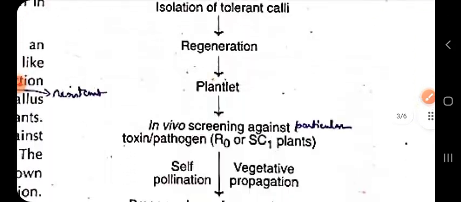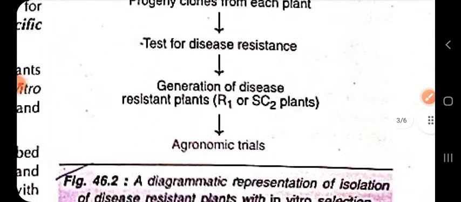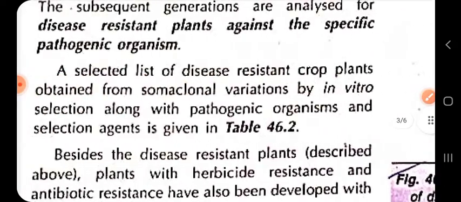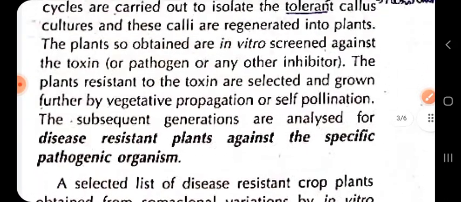In the same way, through different environmental stress conditions, as I have said before, like growing tomato plants in Norway, such plants are also grown through the somaclonal variation technique with in vitro selection.